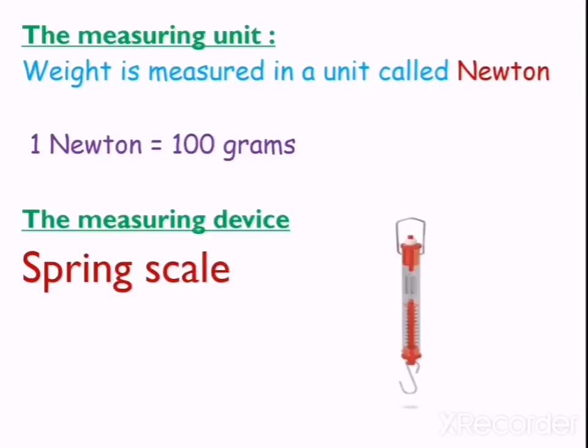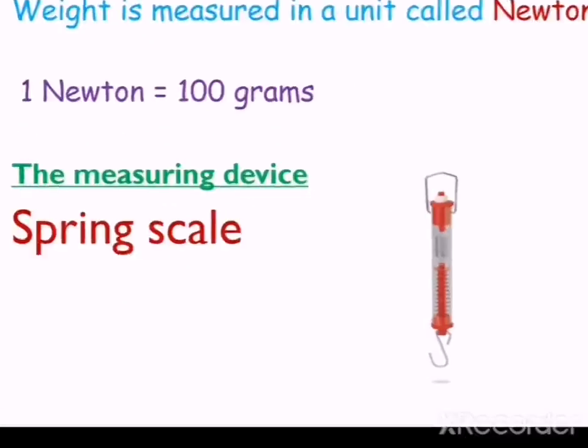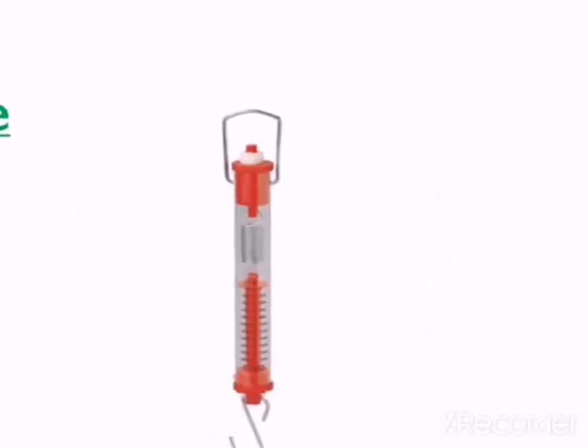And the measuring unit of the weight is called Newton, and 1 Newton equals 100 grams. And the measuring device of the weight is called spring scales. This is the spring scales.